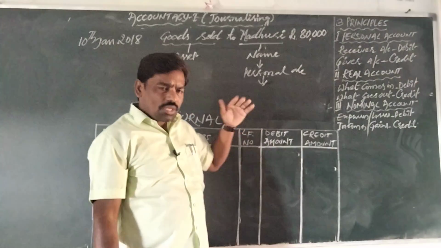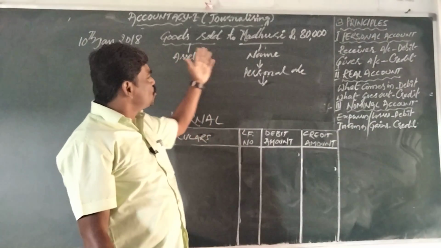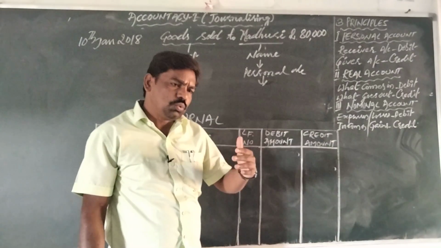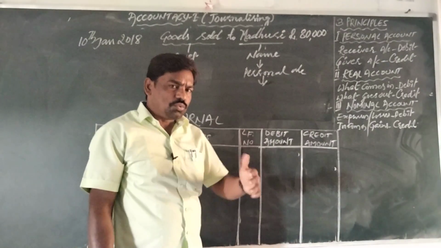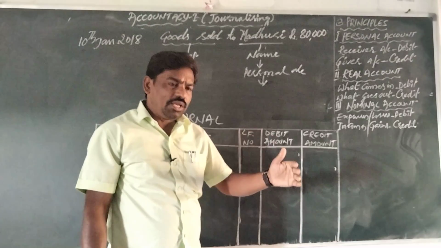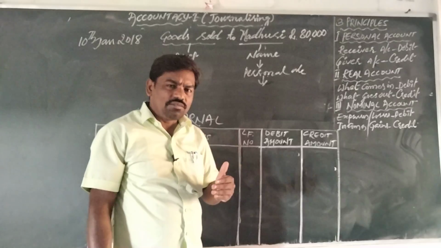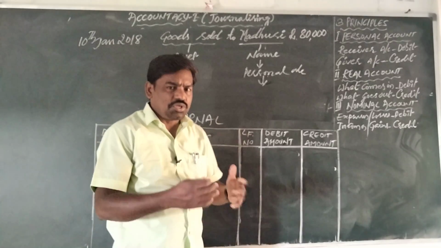So if you observe the transaction, goods sold to Madhuri. So here we sold the goods to Madhuri. When we sold the goods to Madhuri, is Madhuri the receiver or the giver? You can ask this question in your mind.